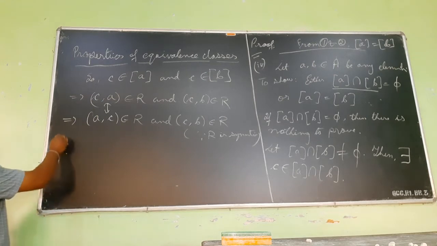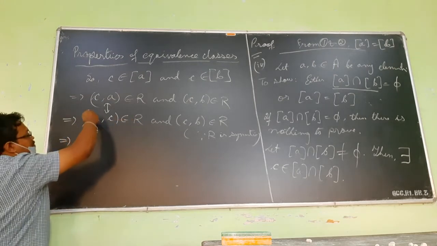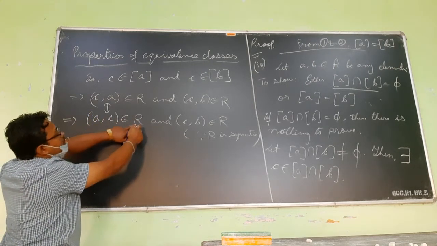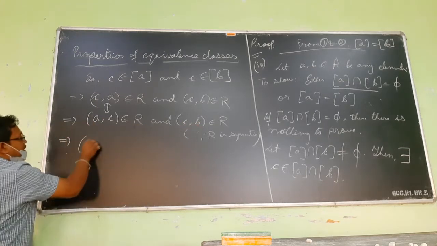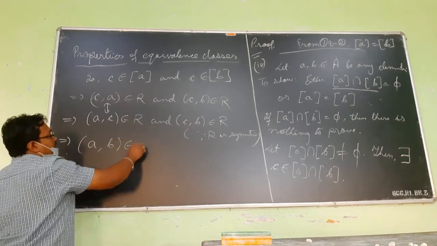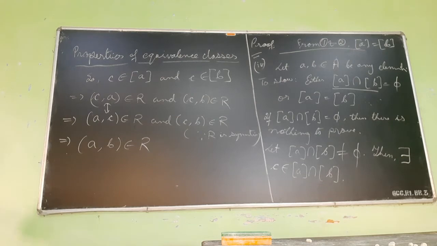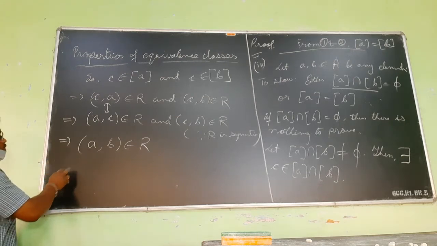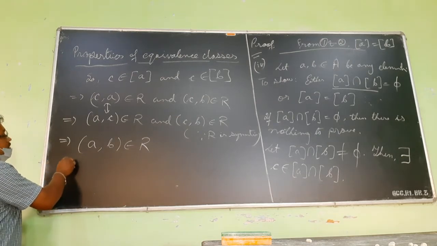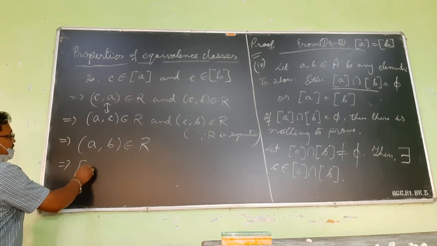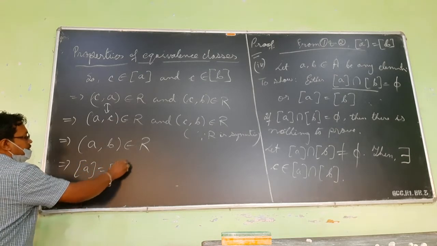So (A, C) belongs to R and (C, B) belongs to R. Next, I can apply the transitive property. (A, C) is in R and (C, B) is in R, so from here I can write (A, B) is in R. And already we have shown whenever (A, B) is in R, this will imply that class A is equal to class B.